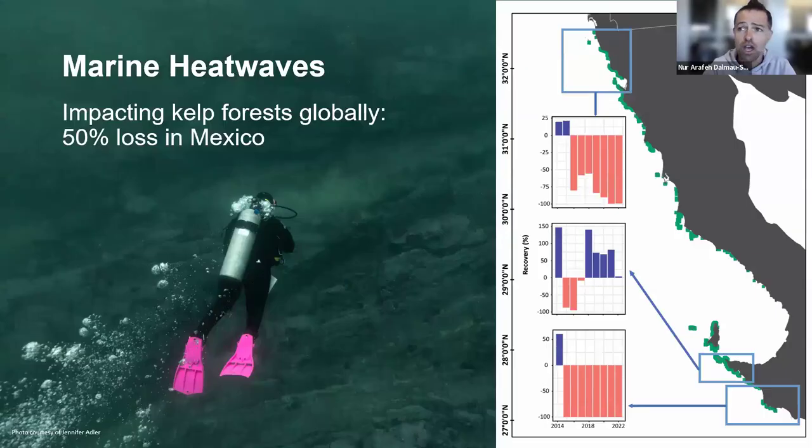But there's an issue with kelp forests. They're some of the most threatened ecosystems in the world, being threatened all around the world. And some of the work that we've been doing through the Lenfest Ocean Program has found that Mexico has lost more than 50% of its kelp forest due to heat waves. This is an ecological catastrophe, no? Imagine losing 50% of the entire forest of this region.